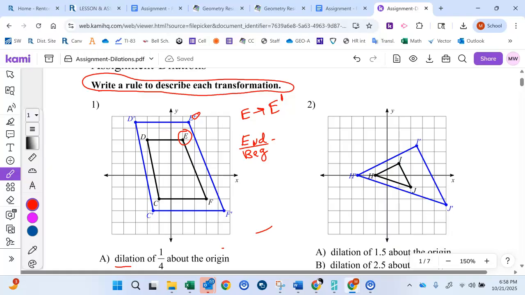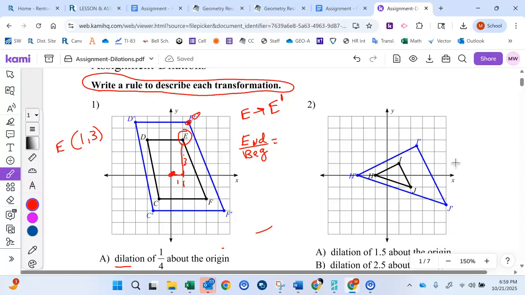What does that mean? Well, it means that E is at 1, so this is 1. 1, 2, 3. So E is at, put it over here, E is at 1, 3 from the origin, right? So the X value is 1 away from the origin, 1 this way, and then 3 that way.